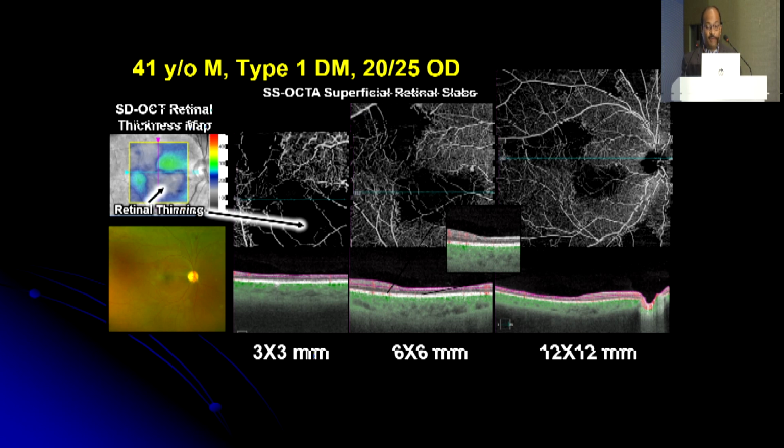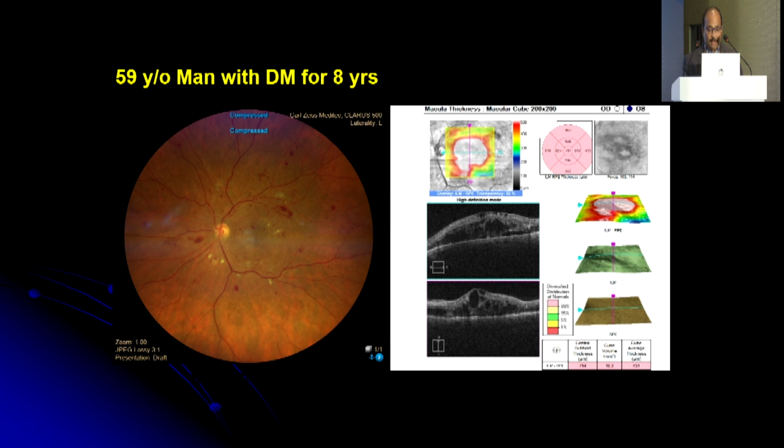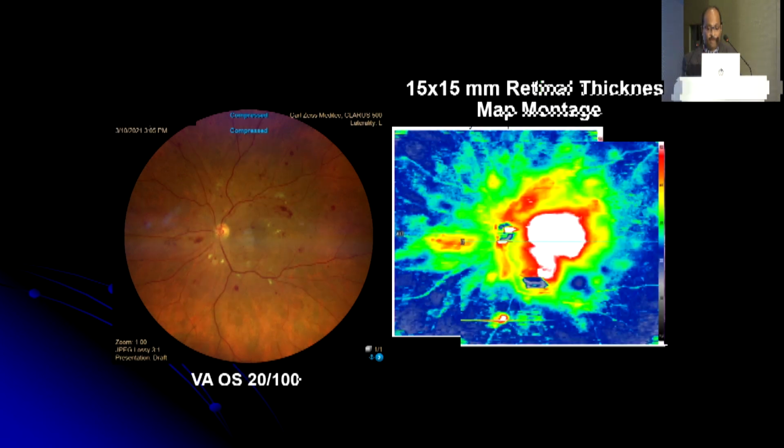And when you move to 12x12, you see that it also correlates to multiple areas of CNP in the periphery. Now, another patient with DM, you see on that small macular thickness map here the extent of the macular edema. And of course, you see there's a lot of macular edema there. Now, with the wide field, when you look at a 15x15 retinal thickness map montage, you see that area is actually much larger than what your original capture was.